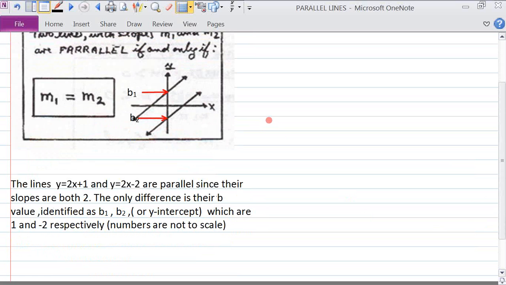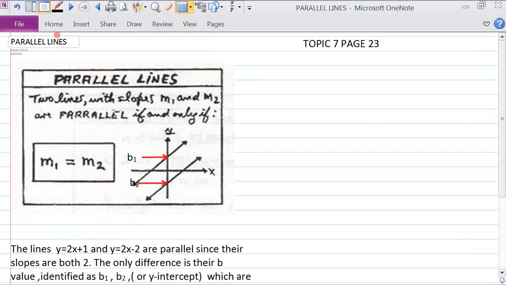So what we can say about parallel lines is, first of all, they have the same slope. How do they differ? They differ in where they cross the y-axis. For example, this b1 might be this number 1 here, and b2 might be this number right here where it crosses. So that's the characteristic of parallel lines.